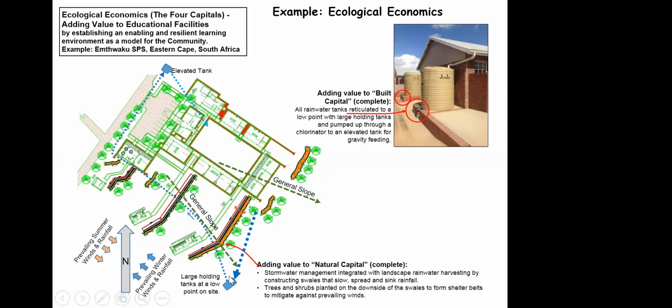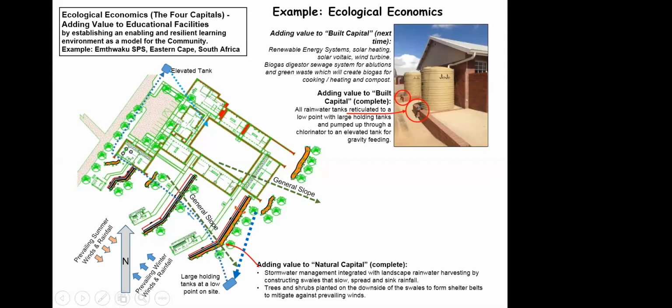And then from there, we pumped up to a header tank and we gravity fed down the water that was used in the ablutions and wash hand basins. So here was our closed loop water cycle, and we didn't need any external water supplying the school at all because we had enough water from the rooftops.